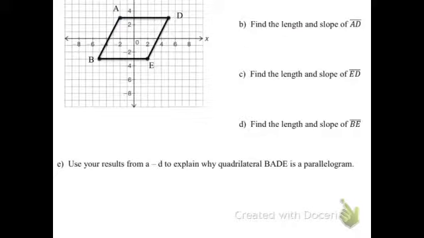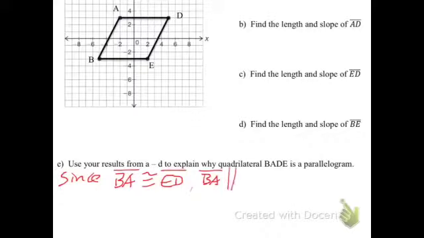And so in my explanation here, I'm going to write since BA, not AD, BA, so this line is congruent to this one over here, ED. BA is also parallel with ED.